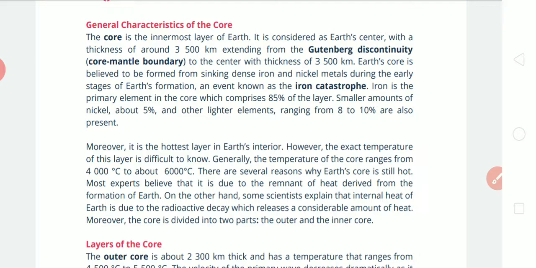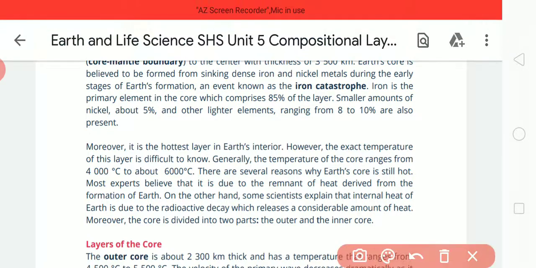So the core of the Earth is divided into two parts. We have here the outer core and the inner core. When we are considering the mechanical layers, the outer core is in a liquid state, while the inner core is in a solid state.